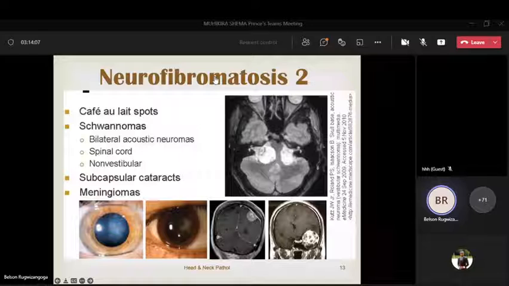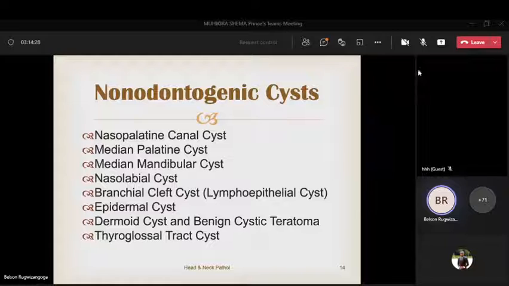So this is a person who has these eyes, and then you have tumors inside the brain here, another tumor here, and they have this cataract in their lens. So that is in general what you can say about the different developmental syndromes that can be associated with head and neck abnormal appearance.